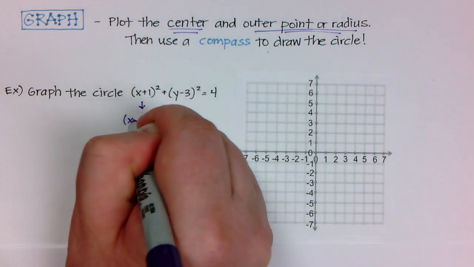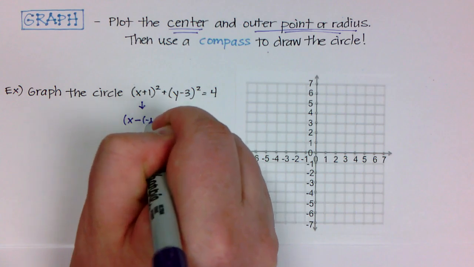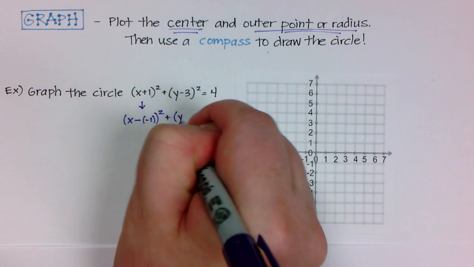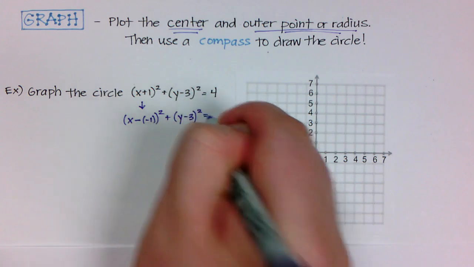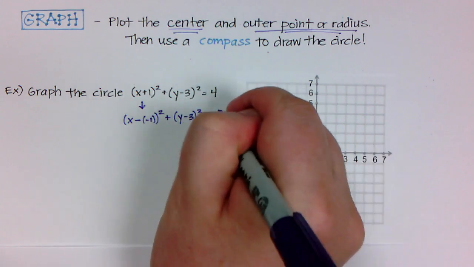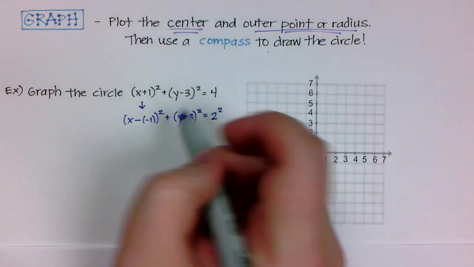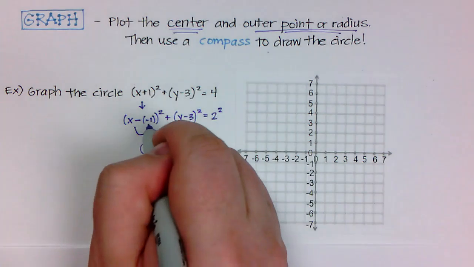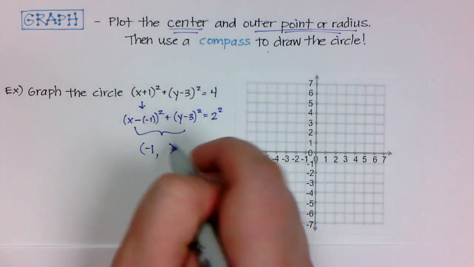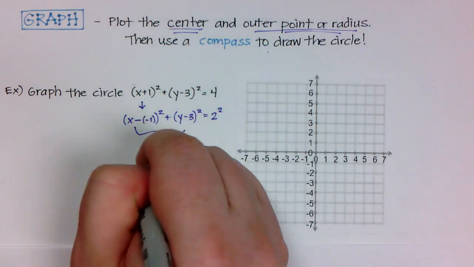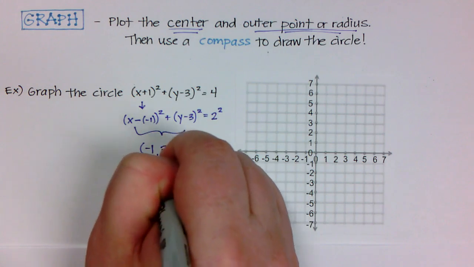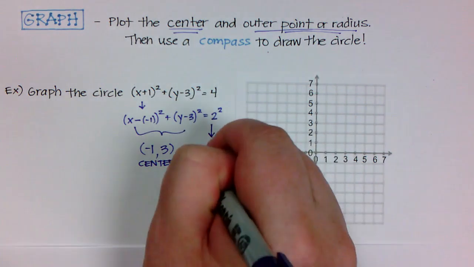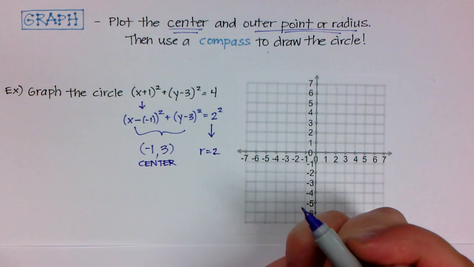So let's go in reverse order back to the standard equation. This would be written as x minus -1 squared plus y minus 3 squared, and 4 is really 2 squared. So from this, I can see my center is at -1, that's the x-coordinate, and 3, that's the y-coordinate. I can also see the radius now. The radius is 2.